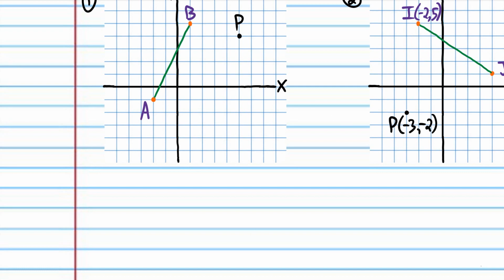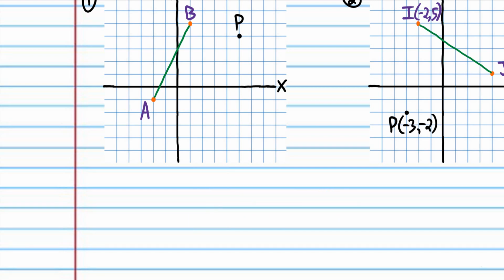For example, if you're going to find slope-intercept form, you need the y-intercept, which is a point on the line, and you need the slope of the line. If you're going to find the equation in point-slope form, then again, you need a point on the line, in this case the x and y value, and you need the slope of the line.